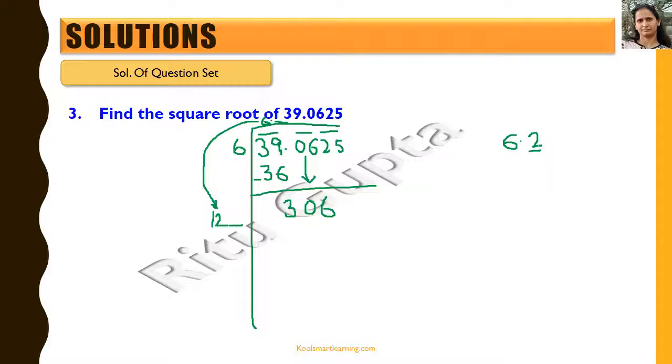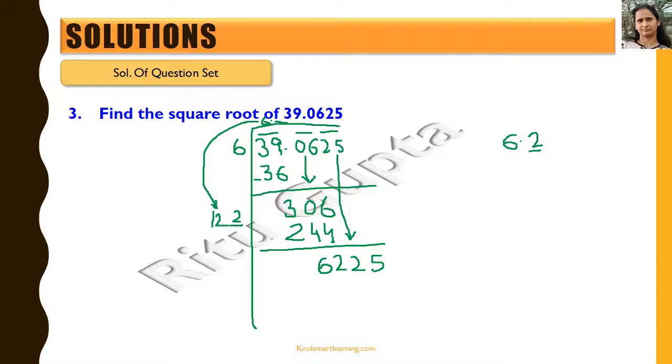So we write a 2 over here, and 122 multiplied by 2 is 244, and on subtracting we get 62.